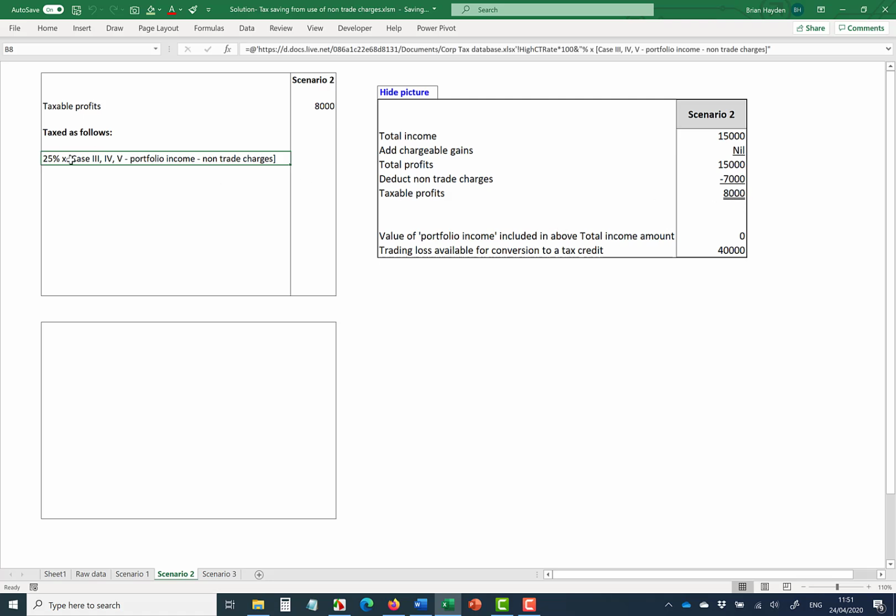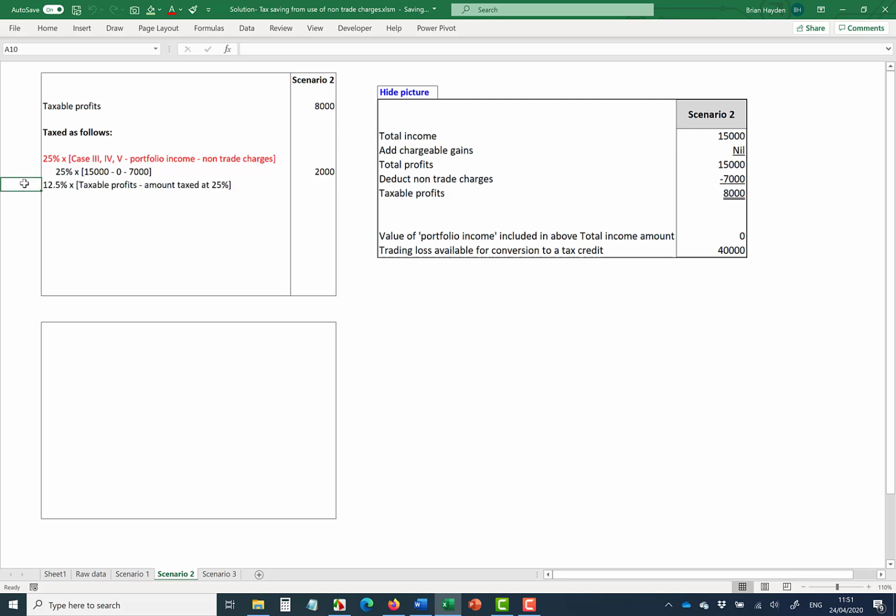Okay, so again, I'm just going to highlight that text in red. And then that's 25% of 15 minus nothing minus 7 gives you 25% of 8,000, which is 2. And then the rest is taxed at 12.5%.